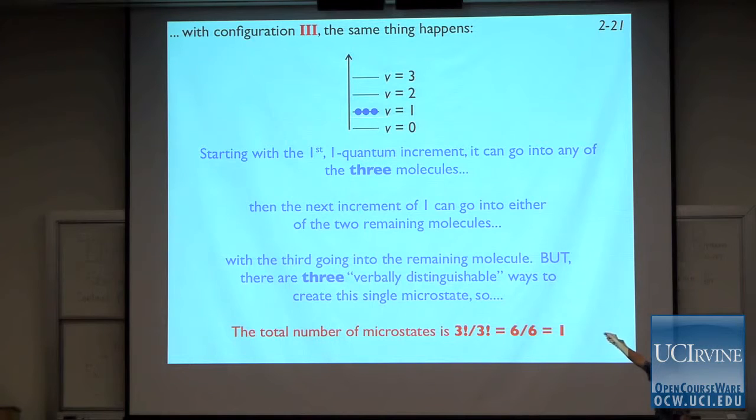In this case, there's 3 guys in configuration 3, and so that's 3 factorial, and 3 factorial divided by 3 factorial is 1. And there's only one way to do that, obviously. Now, you can do more examples like this and convince yourself that this is true, as I had to when I first looked at this formula.